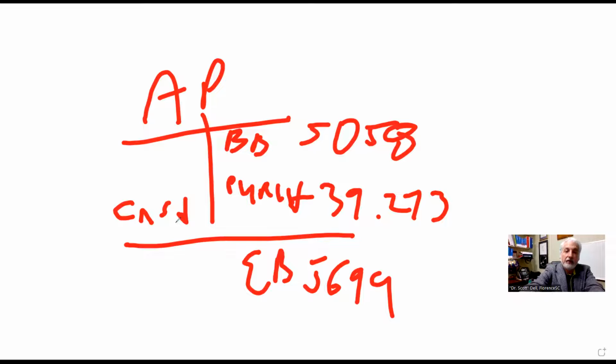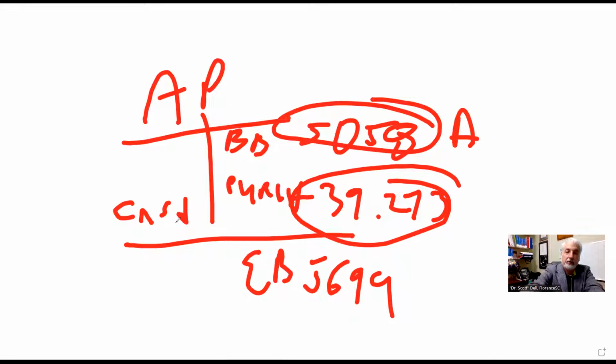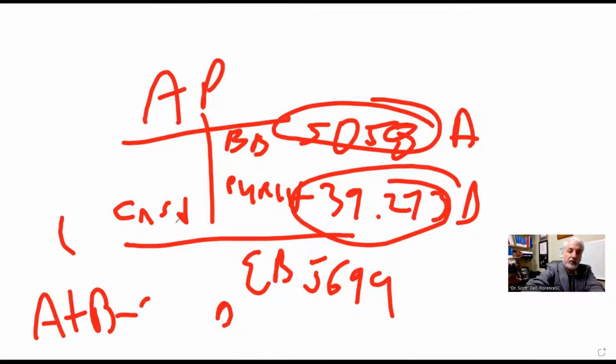So we have beginning balance, purchases: A plus B minus C equals D. So we have our beginning balance of 5058.